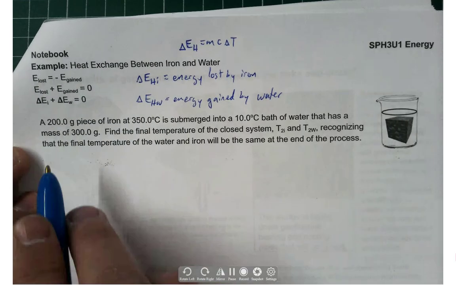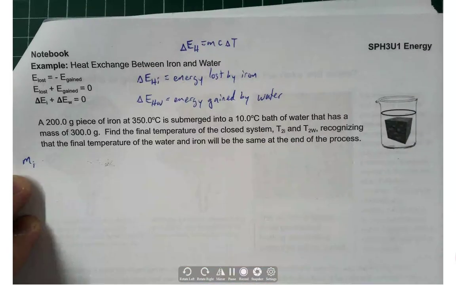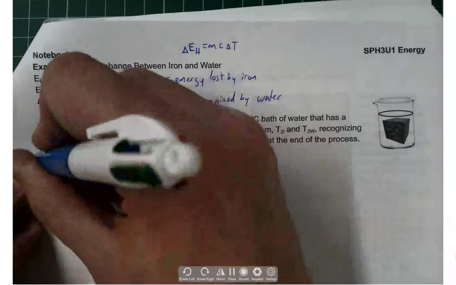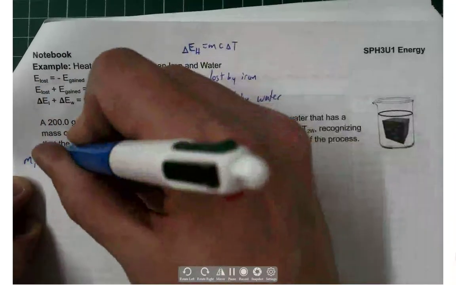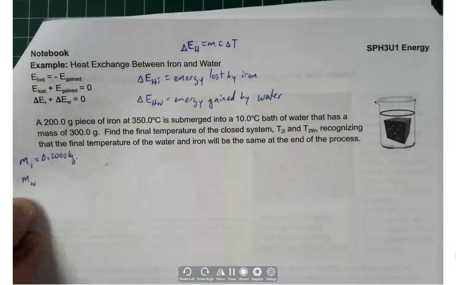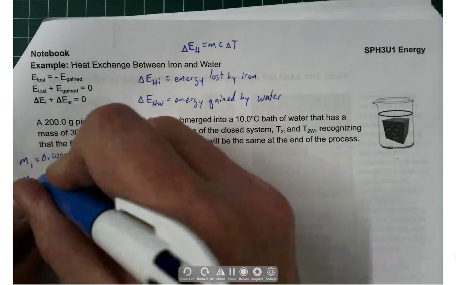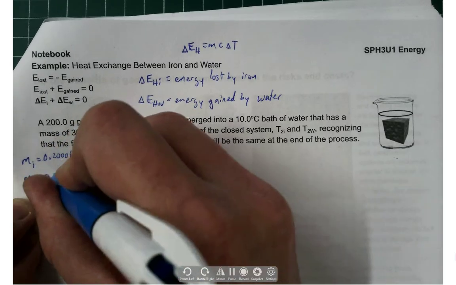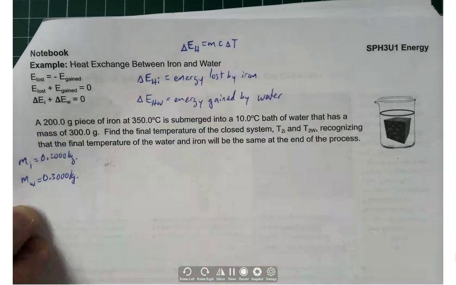As I read through this scenario, I've got a 200-gram piece of iron. I'm going to instantly turn that into kilograms: 0.2000 kilograms. Mass for water, as I keep on reading, is 300 grams, which is 0.3000 kilograms. I'll go back to the iron.